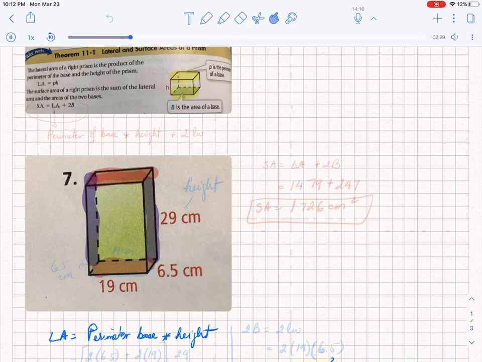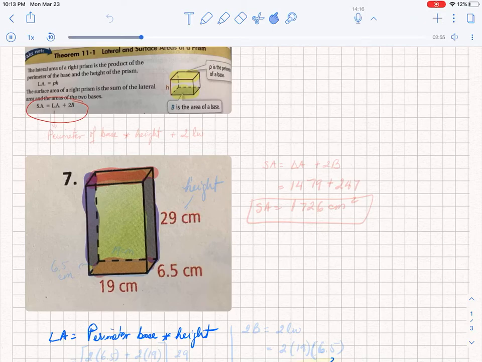Lateral is everything excluding the bases. Looking at this formula, every time you have a prism, you are going to have a lateral and then the two bases.